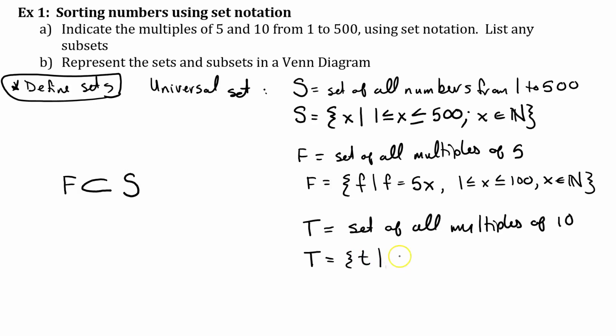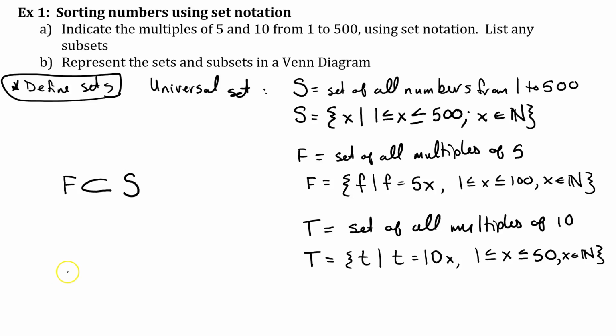T such that t equals not 5x this time, but 10x, where x is between 1 and, can you guess what it would be? Yeah, 50. Because when I substitute 50 in for this x, 10 times 50 is 500. That's how big we want to go. And x is an element of the natural numbers.